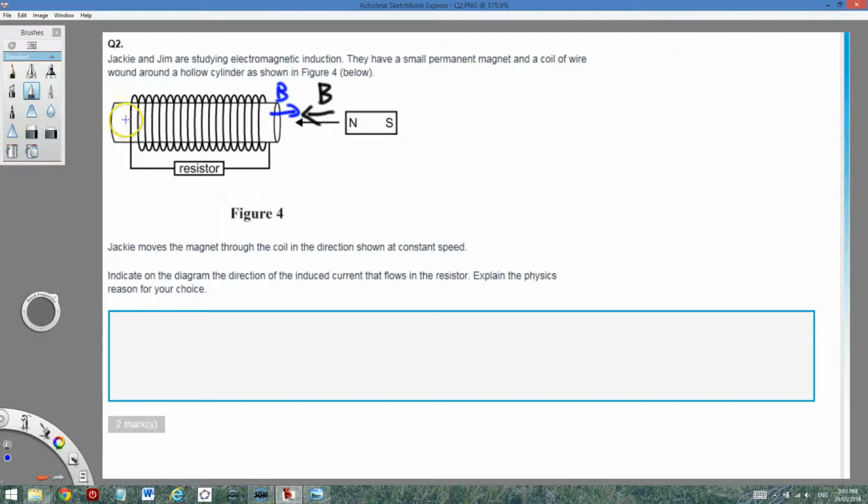Now, have a look at those outside wires. Behind those wires, the magnetic field has to go to the right.